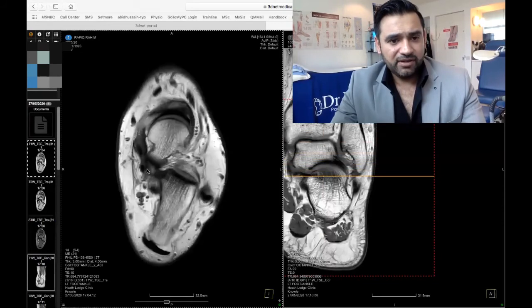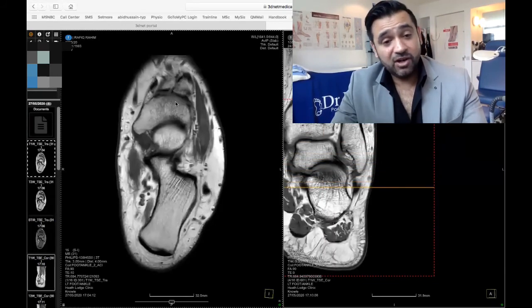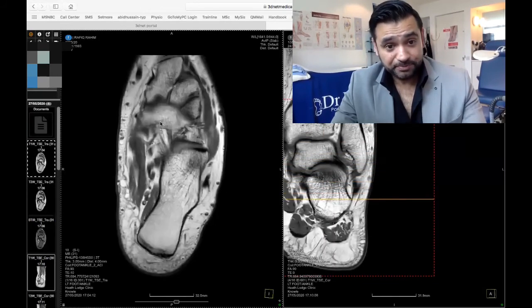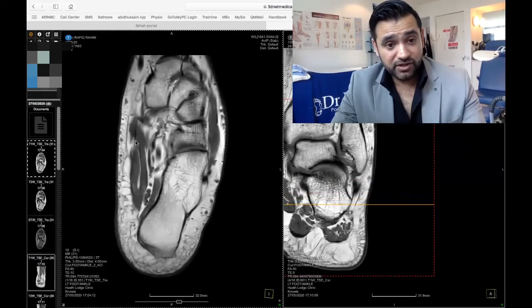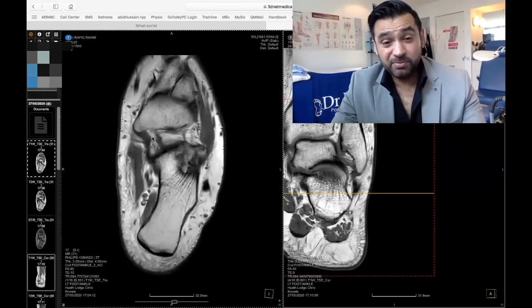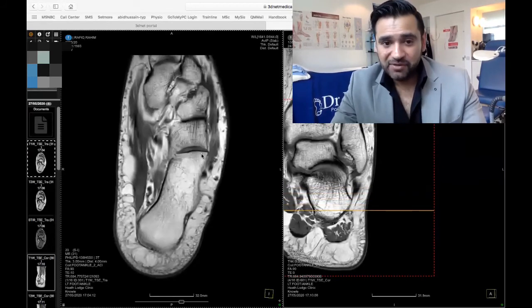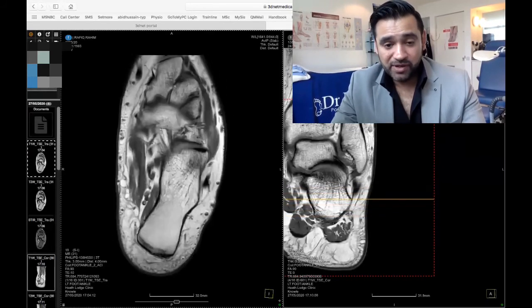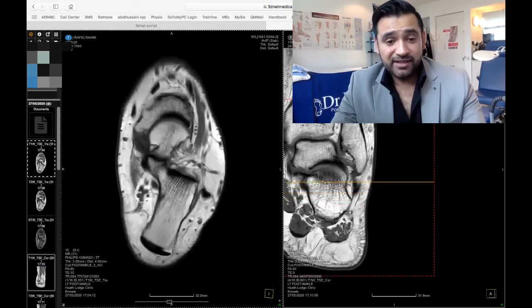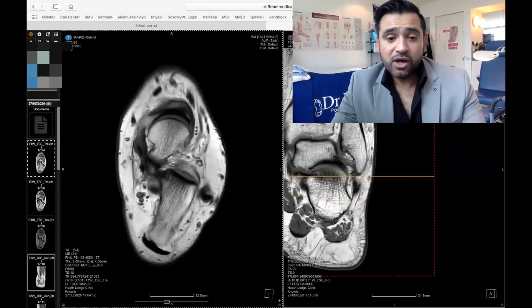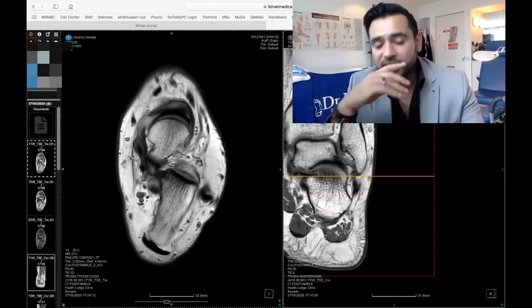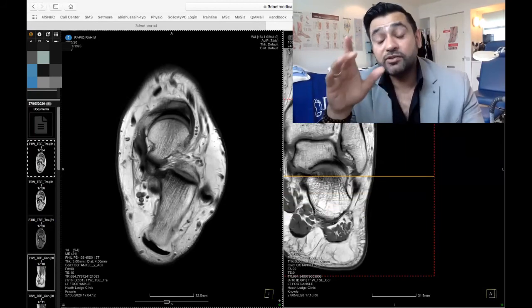Now, there's a lot of structures that come into the cuneiforms, which we can spend a long time examining, actually. But the articular surface is very important to examine. Sometimes we as clinicians get lazy and we call it the cuboid syndrome.